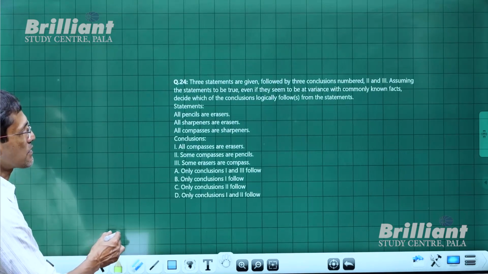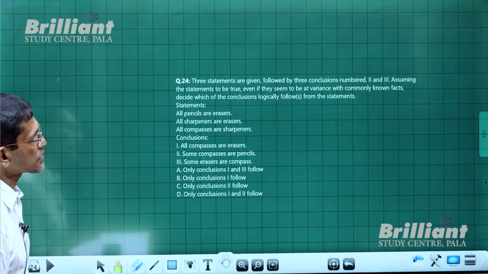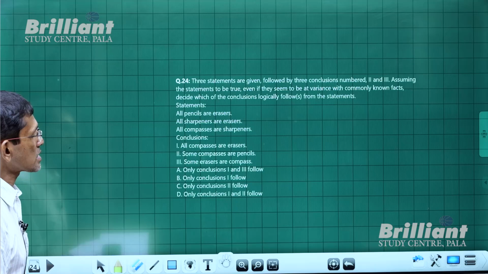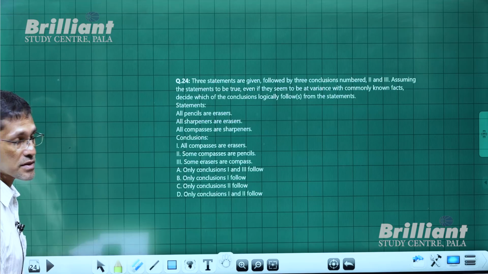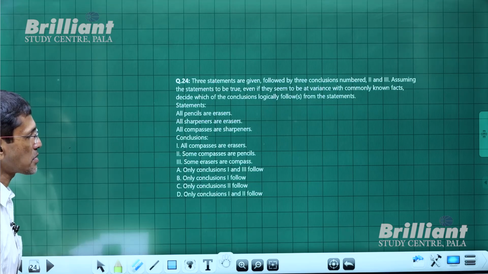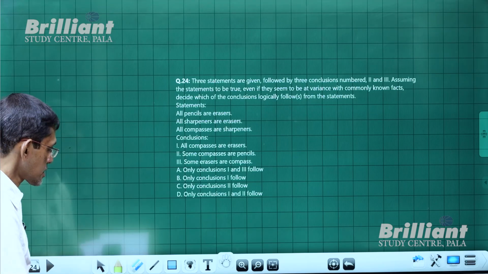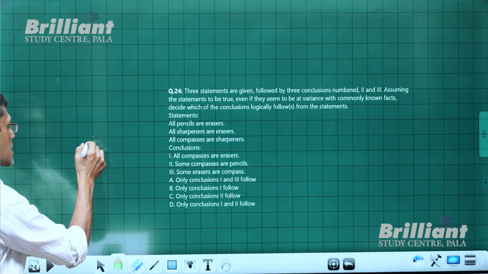Three statements are given followed by three conclusions numbered 1, 2 and 3. Assuming the statements to be true even if they seem to be at variance from commonly known facts, decide which of the conclusions logically follow from the statements. So it's a deduction question. All pencils are erasers, all sharpeners are erasers, all compasses are sharpeners. Let's draw the basic diagram. All pencils are erasers.